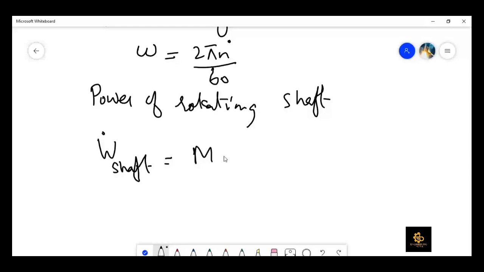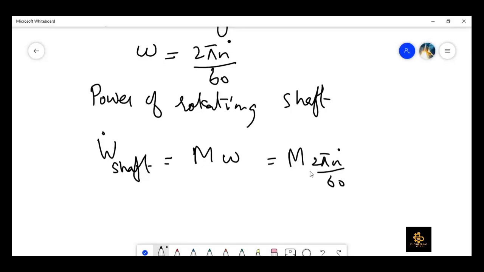And if omega is in radian per second, it would be equal to 2 pi n dot divided by 60. And if omega is in revolution per minute, then there wouldn't be any 60 here. It would be only this.